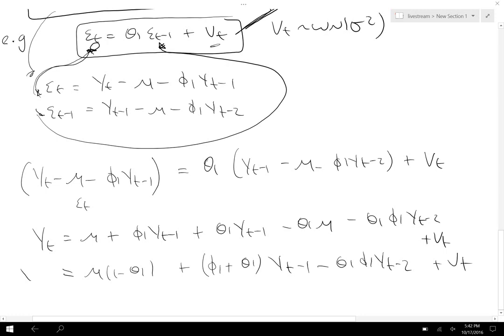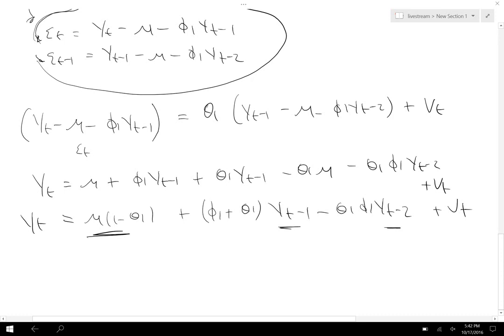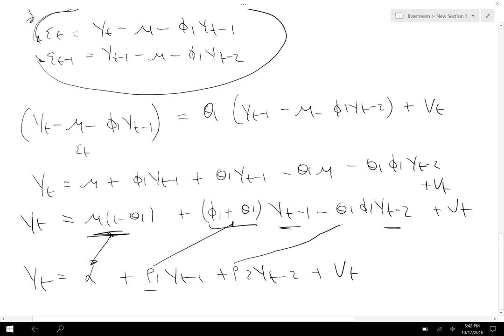So we have the true model: y_t equals a constant, and we now have y_{t-1} and y_{t-2}. So the true model for y_t is an AR(2). Call it y_t equals alpha plus phi_1 y_{t-1} plus phi_2 y_{t-2} plus v_t, where alpha just equals this constant here, phi_1 is this coefficient here, and phi_2 is minus this.